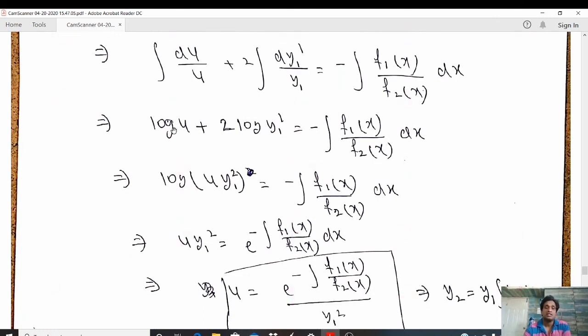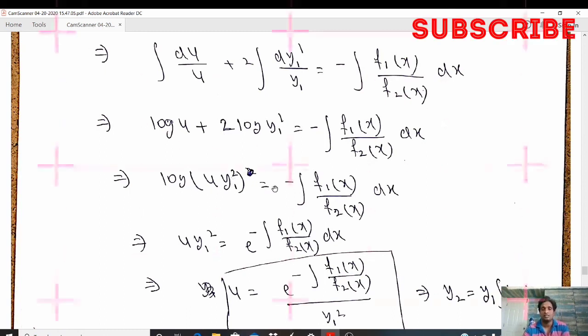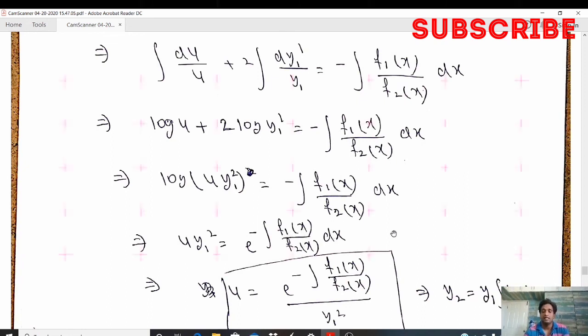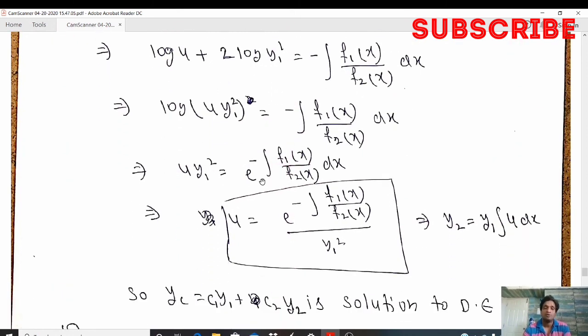So here it is in the form of log a plus log b. If I take the 2 as a power to y1 dash, it becomes log u into y1 square is equal to this value. So u into y1 square will be exponential e power minus integration f1 of x by f2 of x dx. But we have to find the u value.